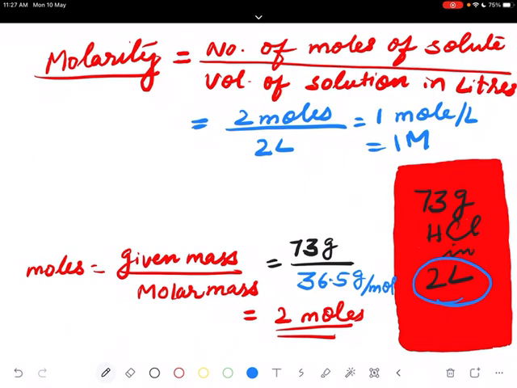The concentration can be 1 molar, 0.1 molar, 0.01 molar, 0.005 molar, or 3 molar.